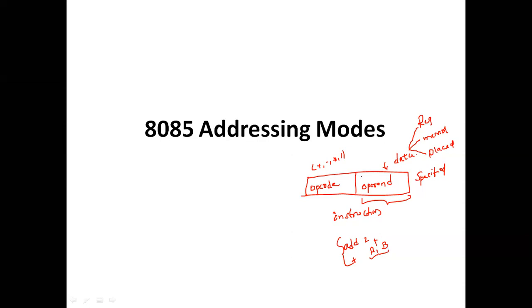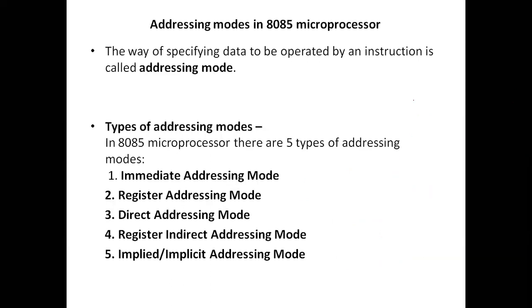The addressing mode tells how the data is going to be specified, whether the data is placed in the register, in the memory, or specified directly over here. How we organize and specify the data is what an addressing mode tells. So the way of specifying the data to be operated by an instruction is called an addressing mode.